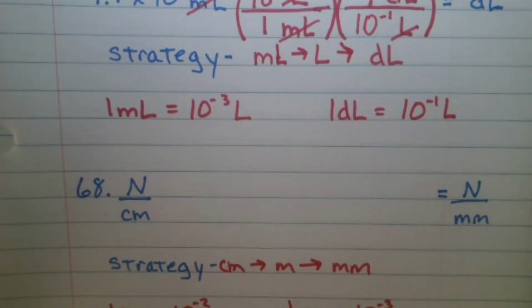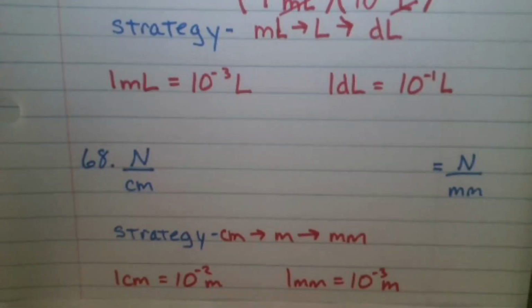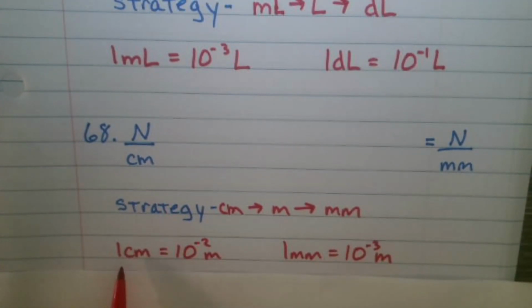Our conversions: one centimeter is equal to 10 to the negative 2 meters, and that gets me from centimeters to meters. The next conversion is 1 millimeter is equal to 10 to the negative third meters. That gets me from meters to millimeters.